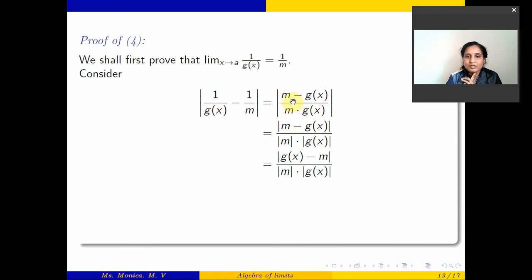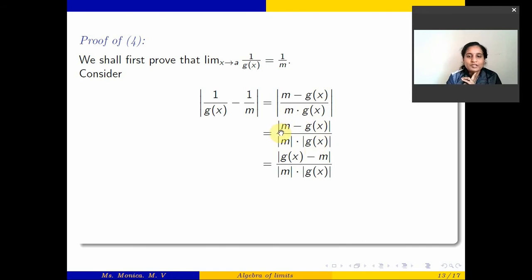Now modulus of a by b is equal to modulus of a divided by modulus of b. Modulus of the numerator is modulus of m minus g of x divided by modulus of the denominator. Again for modulus of the denominator, we have two parts. What is the part here? A into b. So that is modulus of first term into modulus of the second term.